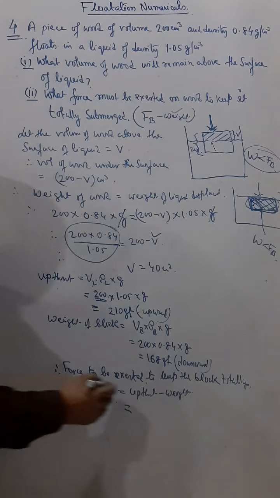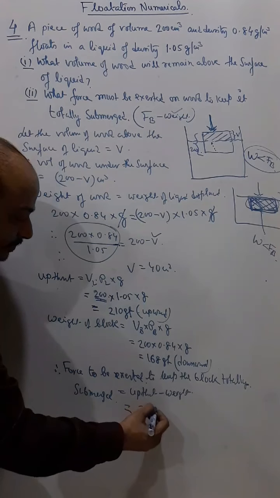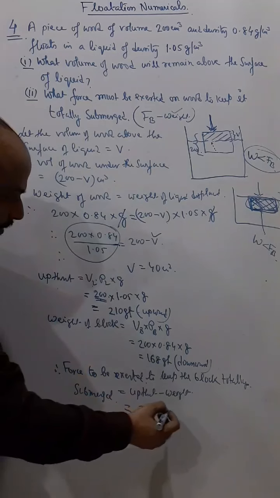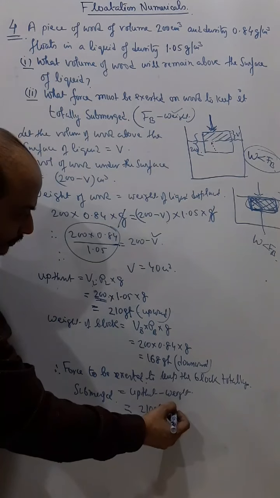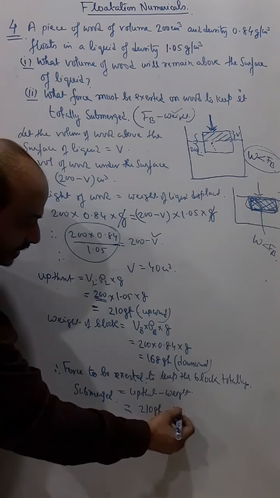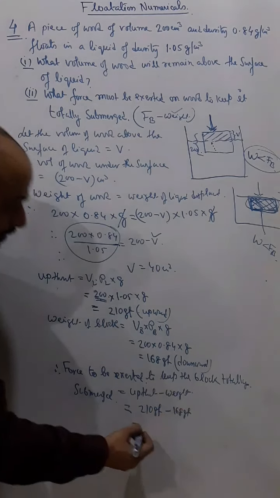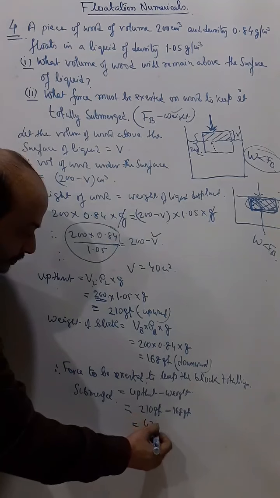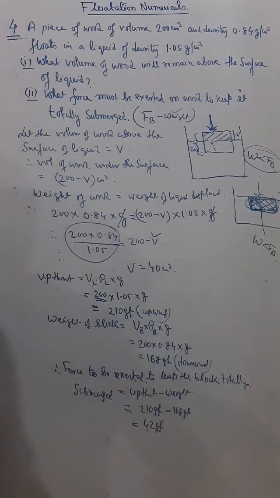Upthrust is 210 gf and weight of the block is 168 gf. So finally we get 42 gf.